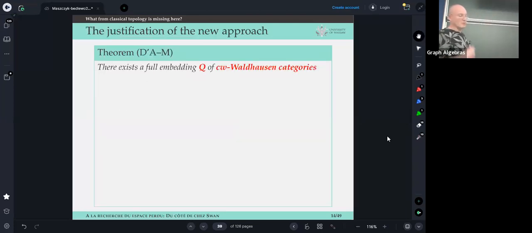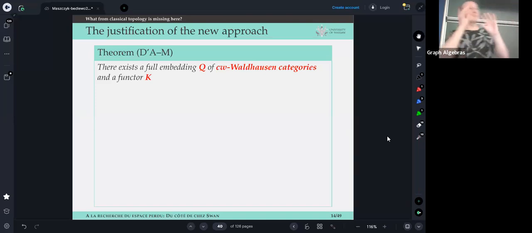So what is the justification for this new terminology, this new construction? It is the following theorem. We proved with Francesco that there exists a full embedding, which we call Q, which should ring a bell in your memory about quantization.